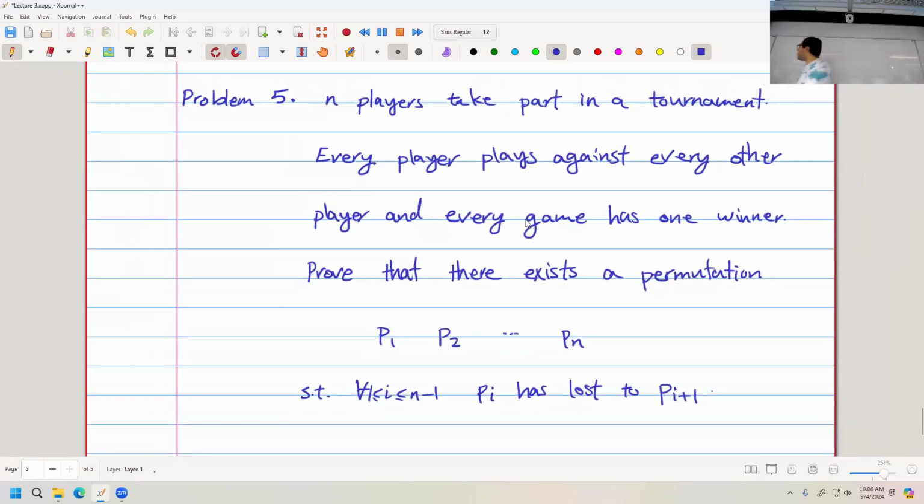And this is no matter how the games went. So I have n players, they play the games, I see the results of the games, and based on the results, I want to somehow sort them like this, P1 to Pn, so that P1 has lost to P2, P2 has lost to P3, and so on. Prove that this is always possible.